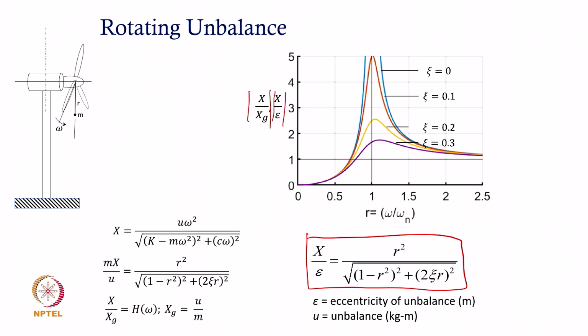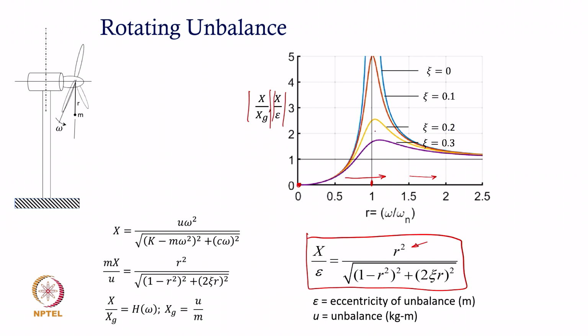So, as expected, if the frequency of rotation is 0, then the numerator will be 0, and so the response variation starts with 0 at 0 rotational speed, which is expected physically. There is no excitation frequency, there will be no response. So, capital X is 0, and then as the speed of rotation increases, again it passes through the resonance, and then the value of x over epsilon changes with the speed.